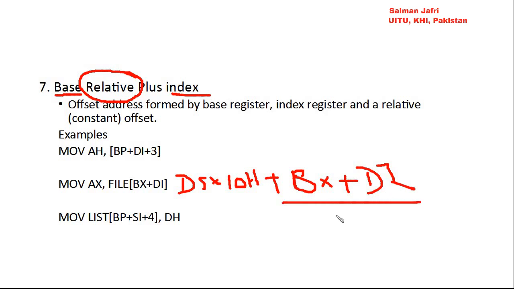This would be calculated first again, and the result would be added into DS times 10H.